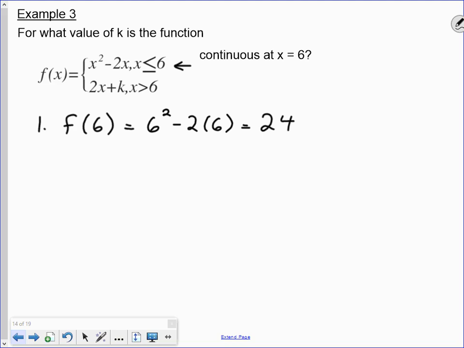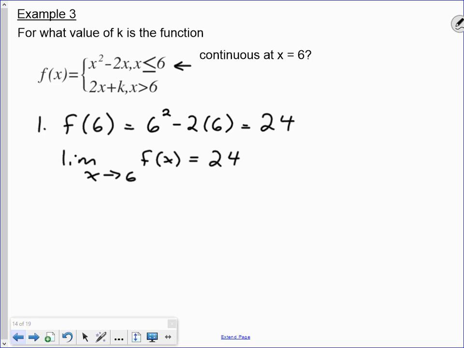If the function is going to be continuous, the limit as x tends to 6 of f at x must also equal 24. So the limit has to exist and it has to equal 24.